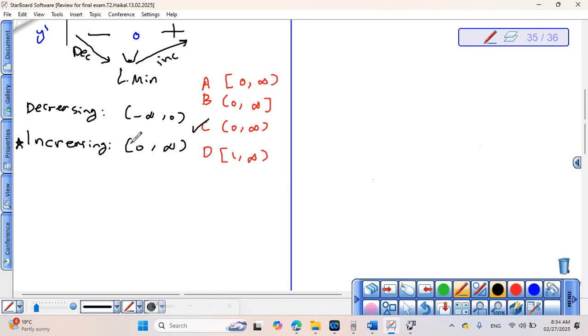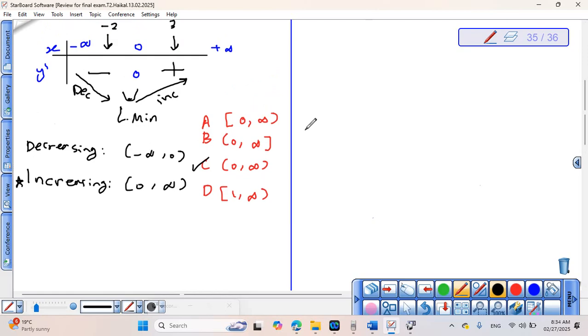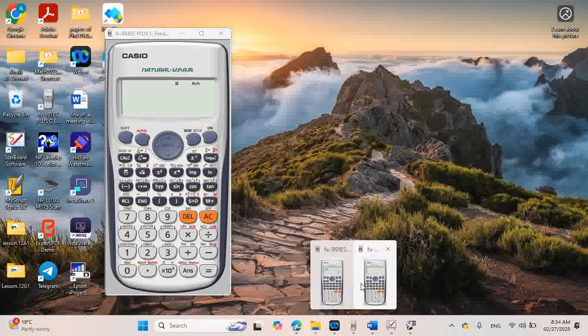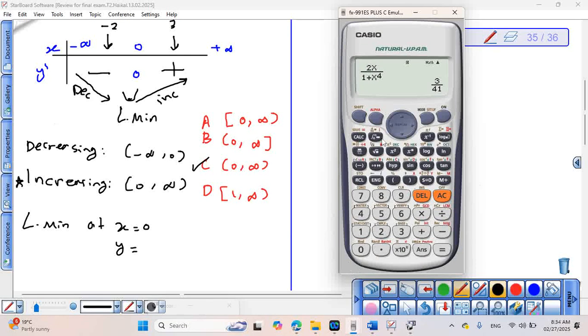Also, what are the coordinates of the local minimum? Local minimum at x equals 0, but what about y? You should substitute in the original function: inverse tan of x squared, at 0 the answer is also 0.